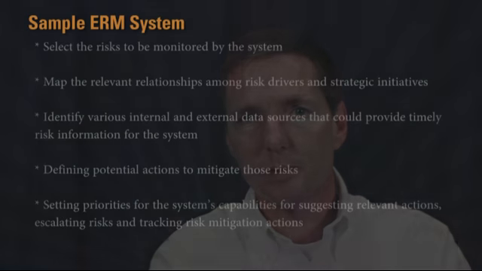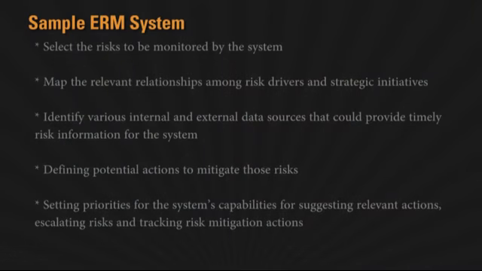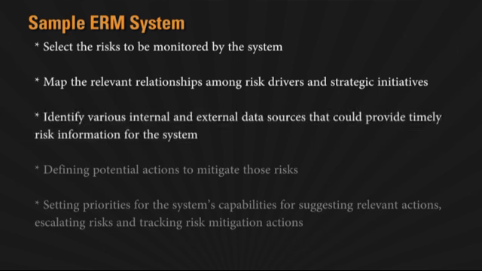Let's now turn to a description of a sample ERM system or process from the July 2006 edition of Risk Management magazine. You would select the risks to be monitored by the system, not every risk, just the more important ones. You'd map the relevant relationships among risk drivers and strategic initiatives. You'd identify the various internal and external data sources that could provide timely risk information for the system.